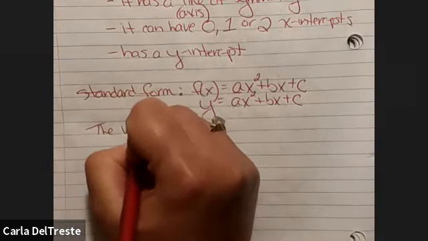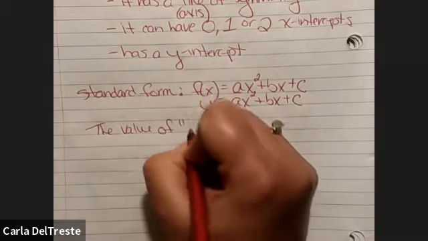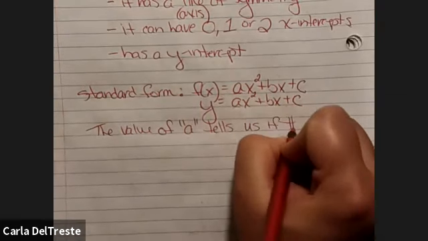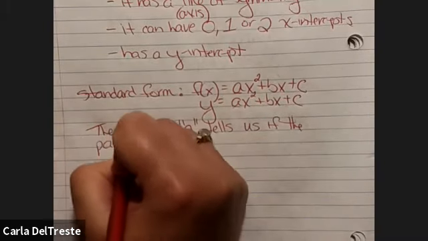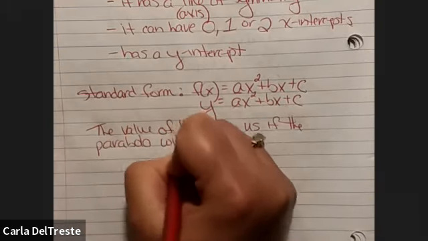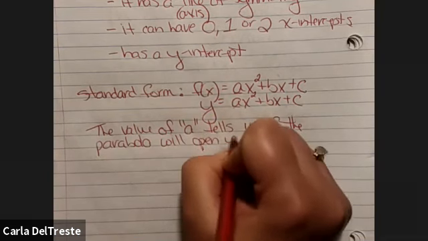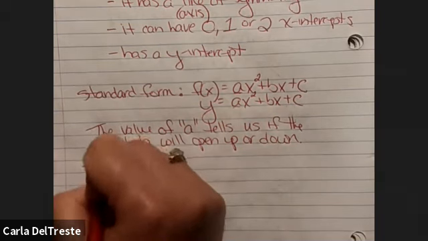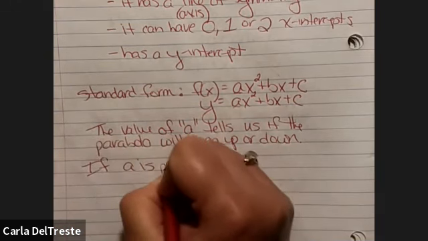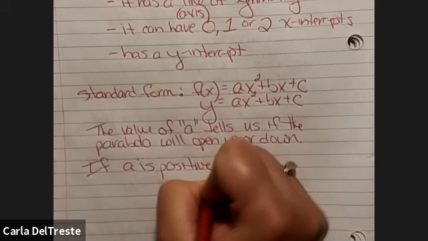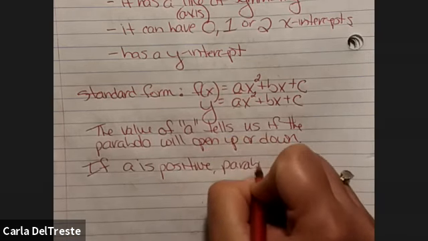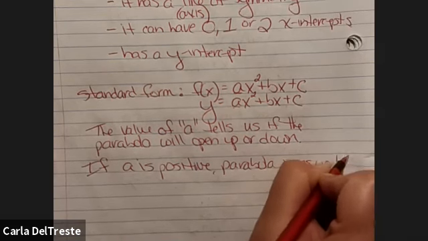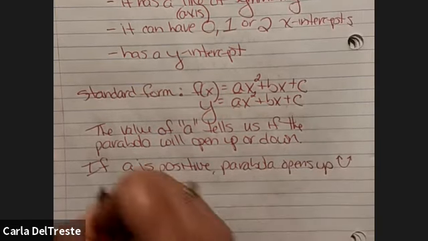The value of a tells us if the parabola will open up or down. If a is positive, the parabola opens up. So we're talking about the regular U-shaped graph.